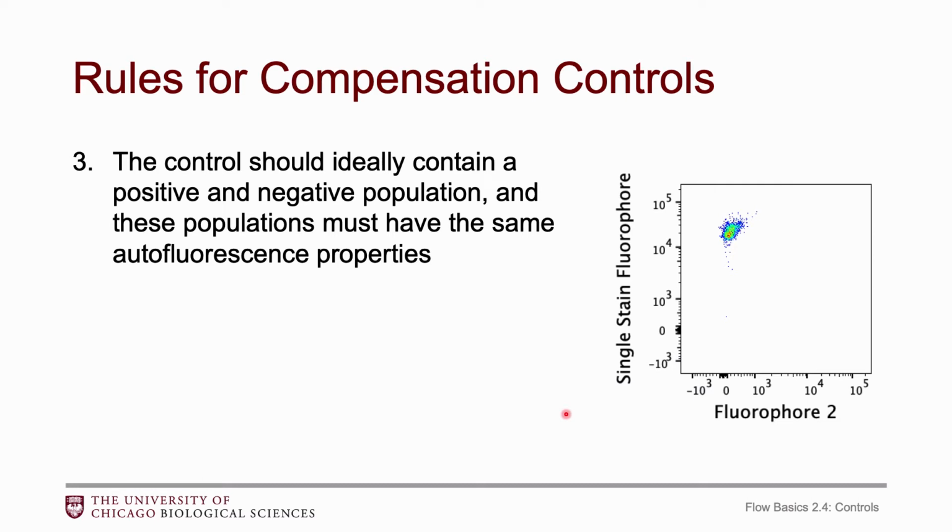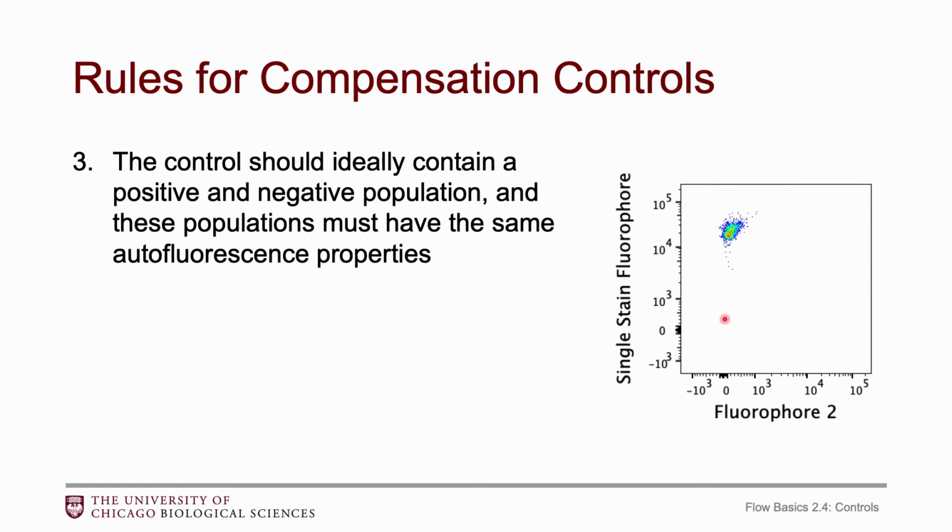Rule 3. Ideally, you want to have a positive and negative population in your control. Now, this is more critical if you're trying to manually compensate. You do have a workaround for this if you are using an auto compensation method. So you can see here, if you only have a positive population and you lack a negative population, then it's kind of hard to figure out where the two align because there's only one population.